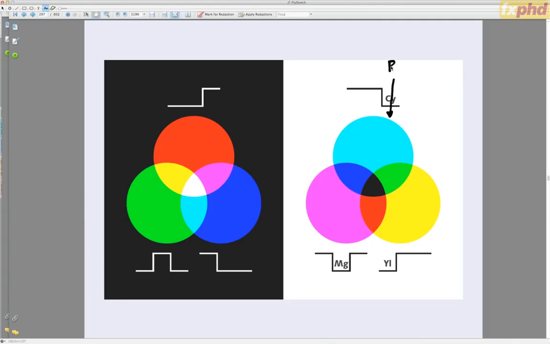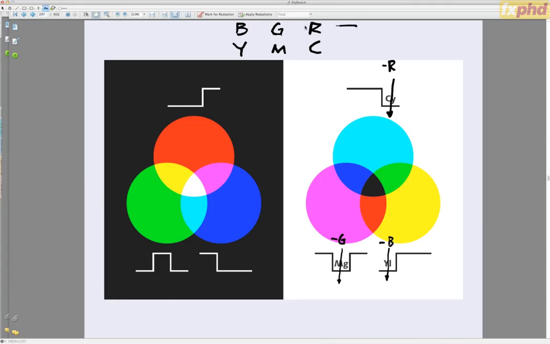So in a sense, it's minus red. Don't take that too literally, but in some sense, it's minus red. The magenta filter removes medium waves. In some sense, it's minus green. And the yellow filter removes short waves. In some sense, it's minus blue. So these things are related as C, M, Y are related to R, G, B.